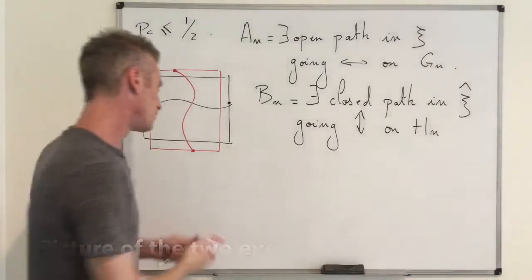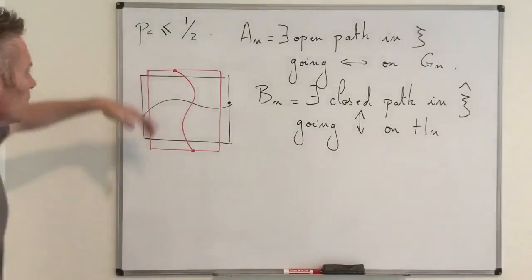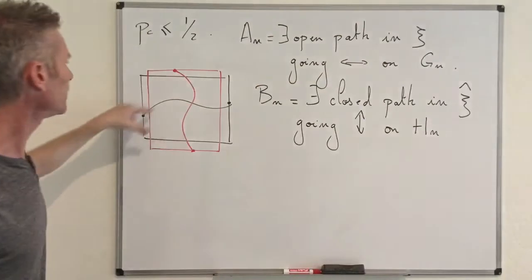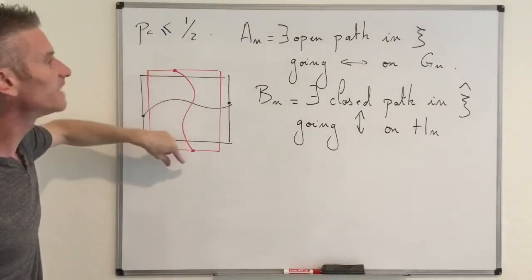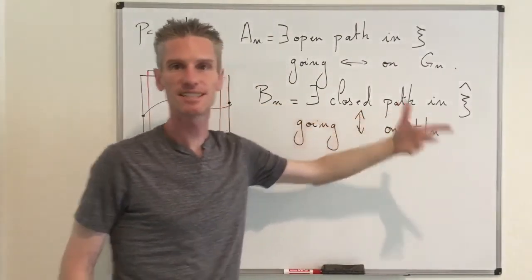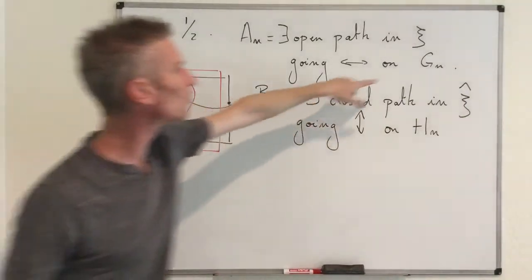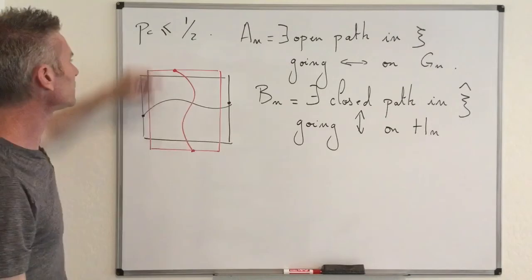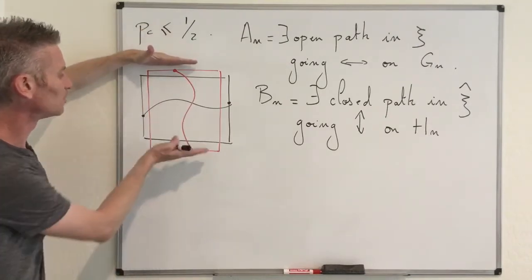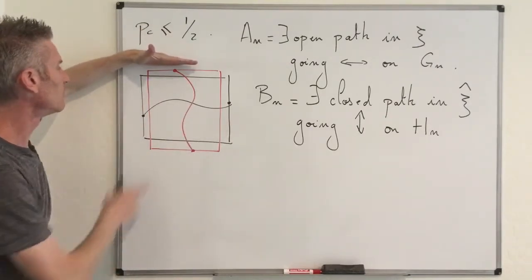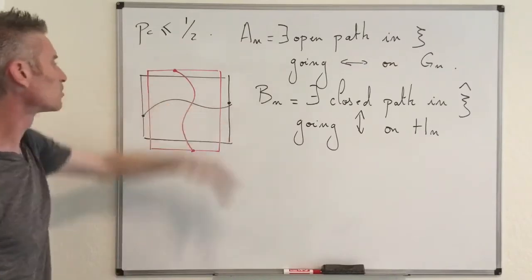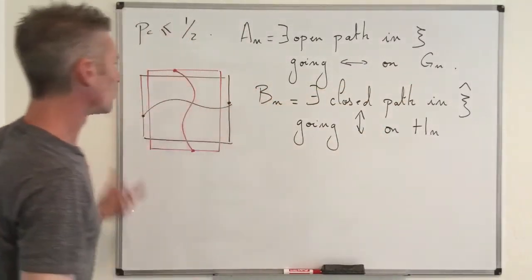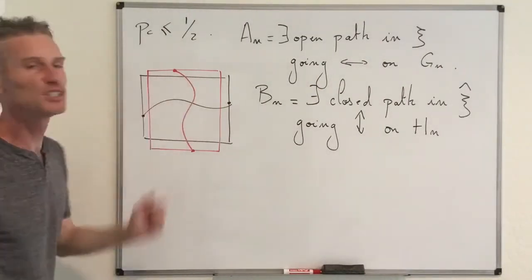So now if you look at the picture, that tells you that you have an open path in xi here, that must intersect a closed path in xi hat. So you see that those two graphs, Gn and Hn, indeed they are built in such a way that if you go from top to bottom of Hn, then you have to cross anything that goes from left to right of Gn. And so from that we deduce that in fact this feature is not possible.